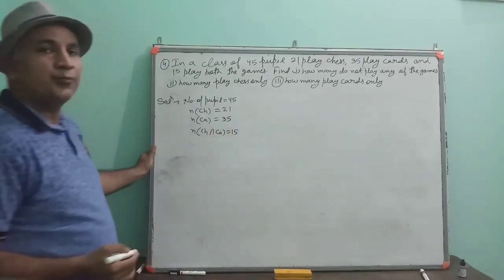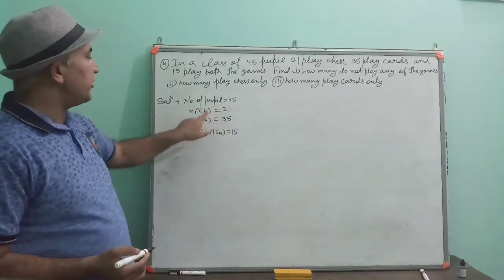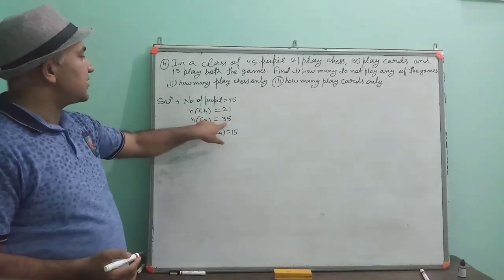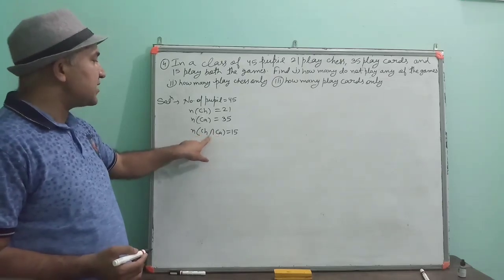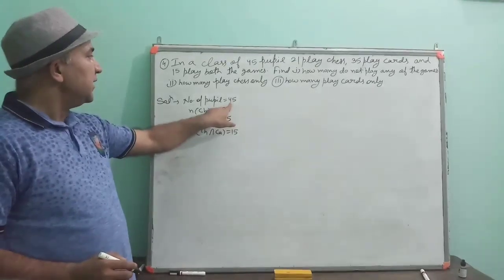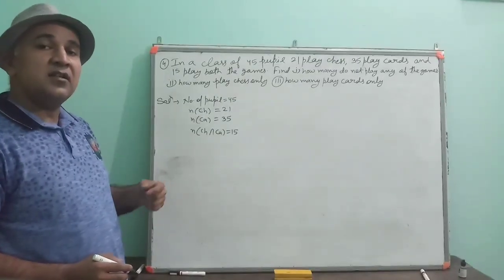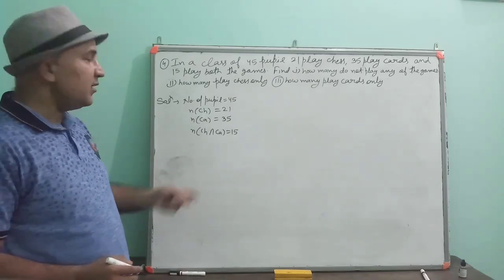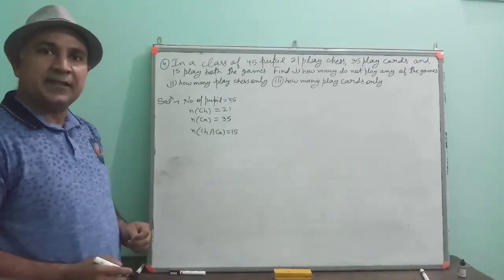Now see here. Number of people playing chess is 21. Number of people playing cards is 35. And number of people playing chess and card both, means intersection, is 15. Now the question is, is this 45 the union of these? Answer is no. Why? Because out of 45, some are not playing any game.